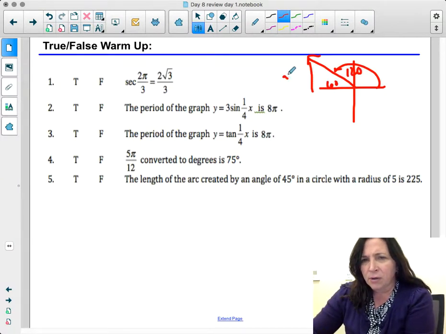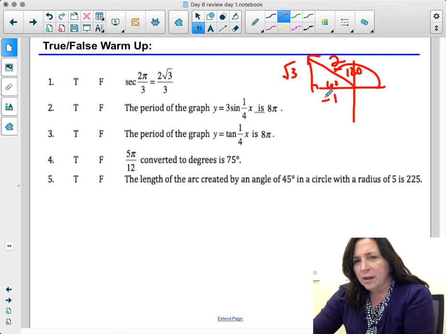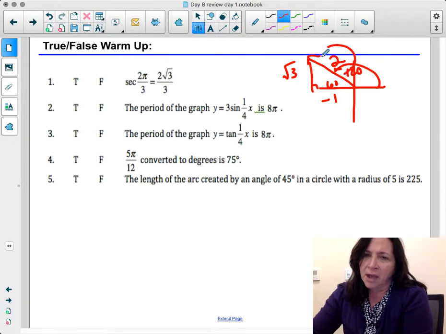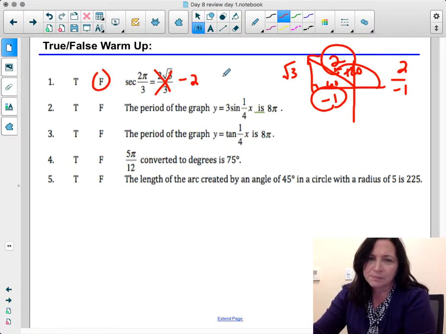We have across from 60 is root 3, this is 2, and this going to the left is -1. Now, secant is the reciprocal of cosine. If cosine is adjacent over hypotenuse, then secant is going to be hypotenuse over adjacent. So 2 over -1, which is going to give me not this, but -2. So this one is false.